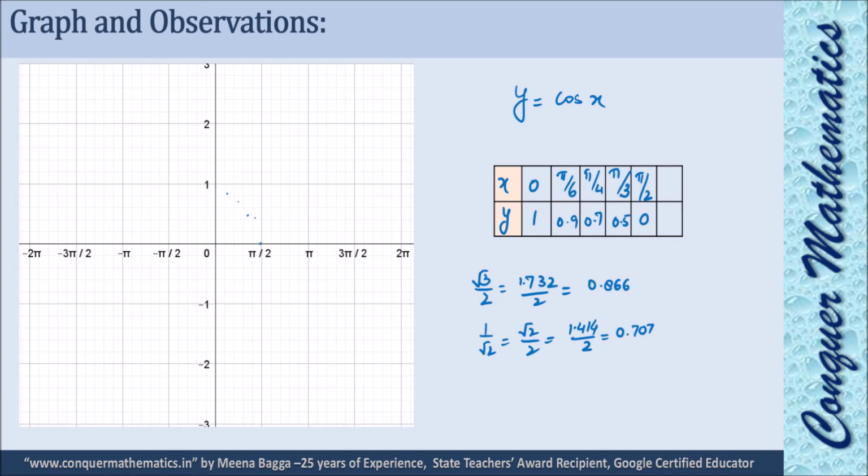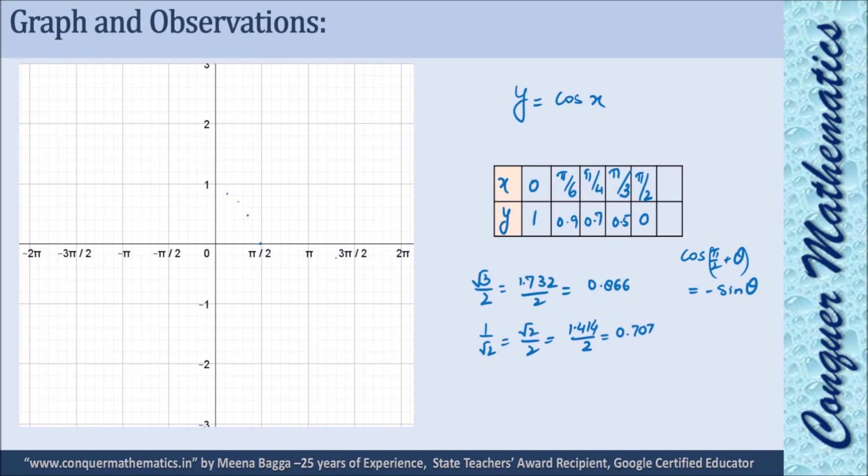And in the same way, because cos of pi by 2 plus theta is minus sine theta, you can take these same values and move like this. Okay.